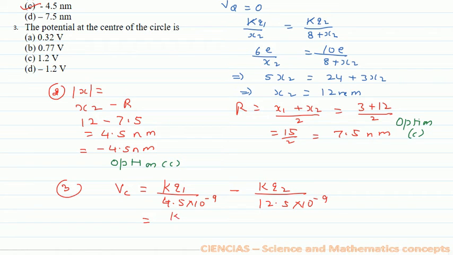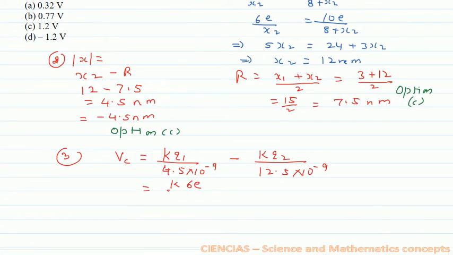That will be k into 6e upon 4.5 into 10 to the power minus 9 minus k into 10e upon 12.5 into 10 to the power minus 9.